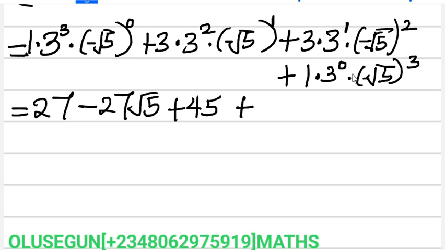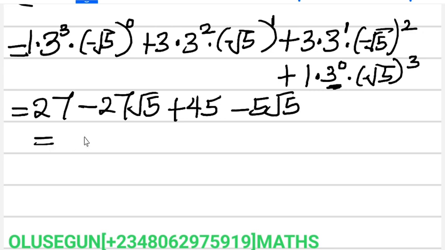Now minus, because the cube of minus root 5 is minus 5 times minus 5 times minus 5, so surely it will give you minus 5 root 5. So this one will also become 1 times 1, so minus 5 root 5.